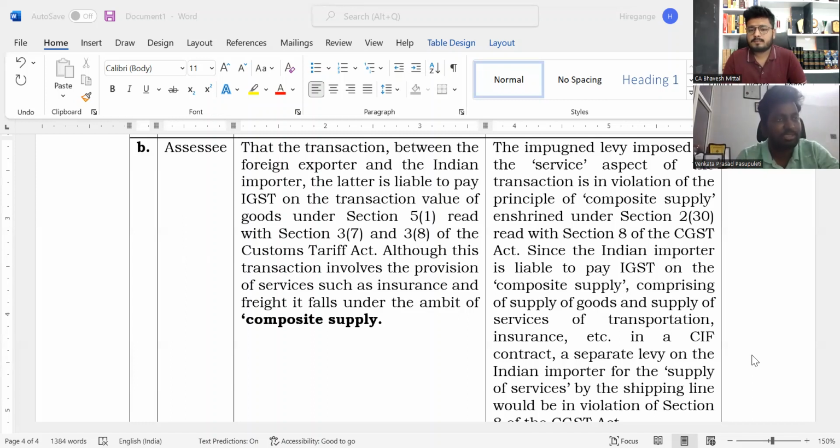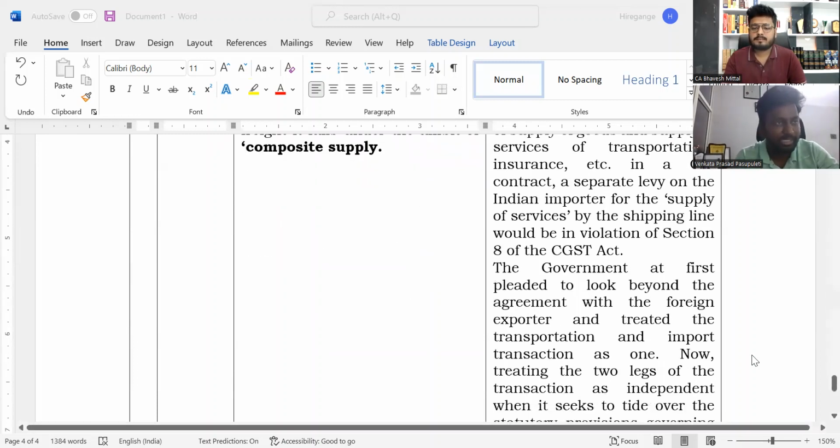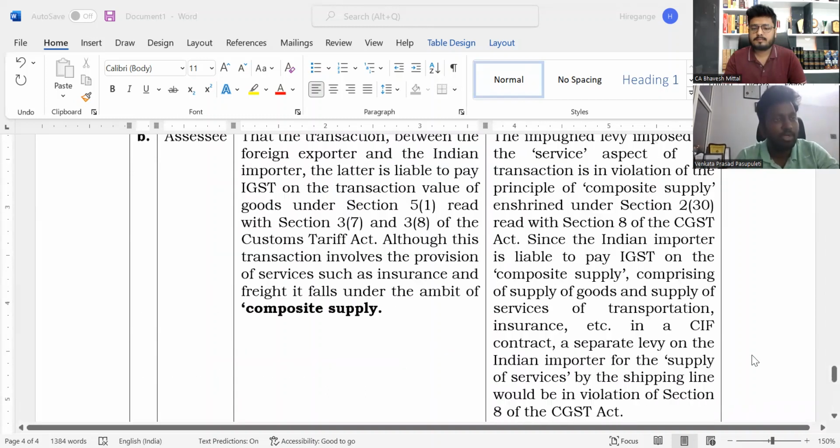In this case, the Supreme Court has reversed the first part of the Gujarat High Court decision, saying that the Indian importer will become the recipient, as we have explained so far. And the second part of the Gujarat High Court decision, which was in favor of the taxpayer, the Supreme Court has agreed with, and held that when the same importer has paid GST on the import transaction, including transportation, it will become a composite supply.